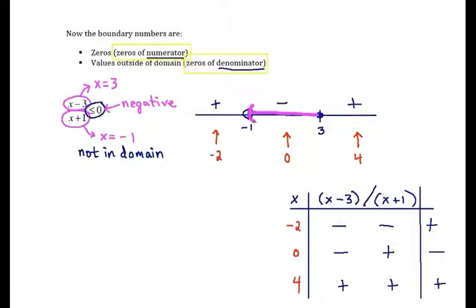I know that it excludes -1 because -1 is not in the domain, and I know that it includes 3 because 3 is a 0. So I am now ready to write my solution set as the interval from -1 with a round parenthesis to +3 with a square bracket.